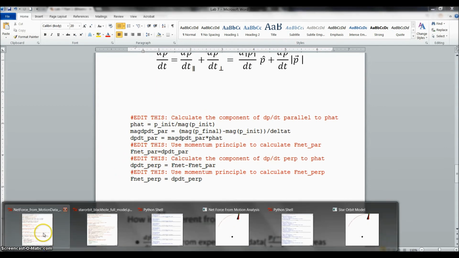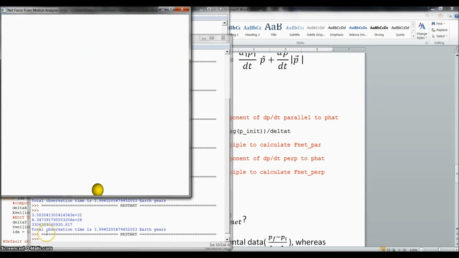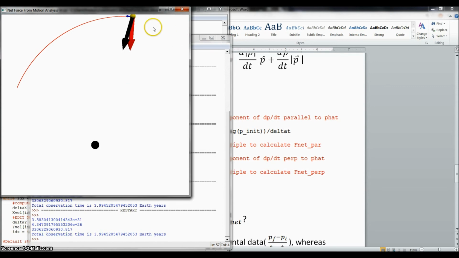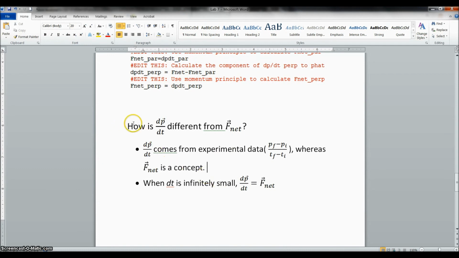Now I'm going to show you the model where I plotted those. You can see this blue arrow represents the dp/dt parallel, and this red arrow represents dp/dt perpendicular, whereas the black arrow represents the force, the F net. The rest of the what does it mean question is how is dp/dt different from F net?